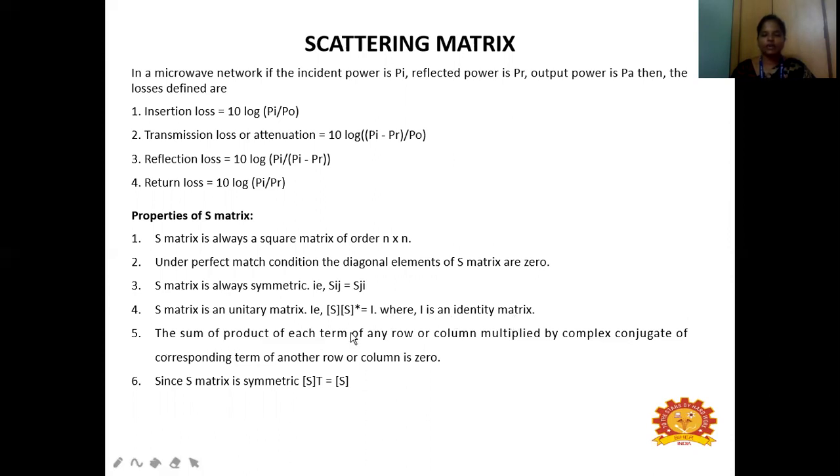The sum of products of each term of any row or column multiplied by the complex conjugate of the corresponding term of another row or column is 0. Since the S matrix is symmetric, S transpose is equal to matrix S.